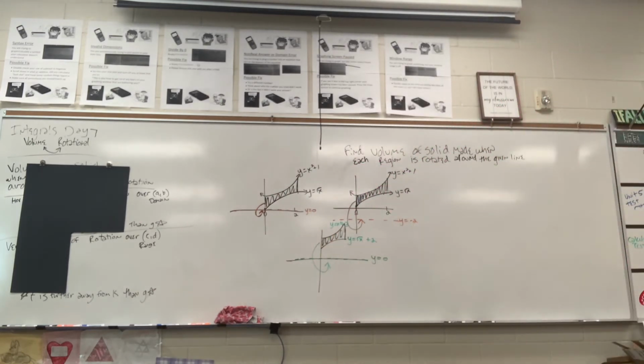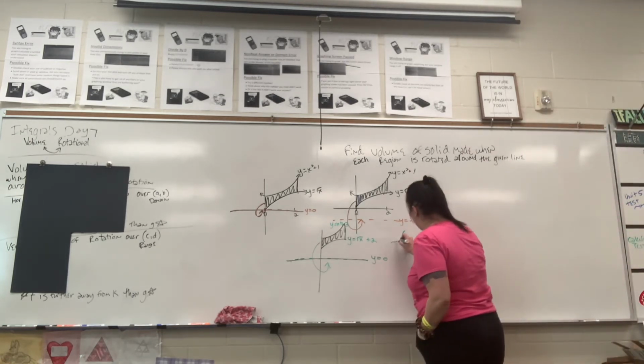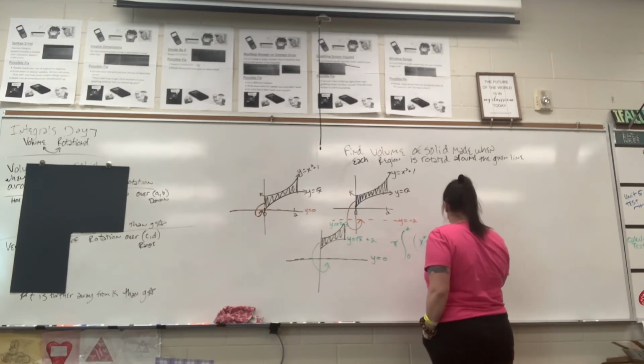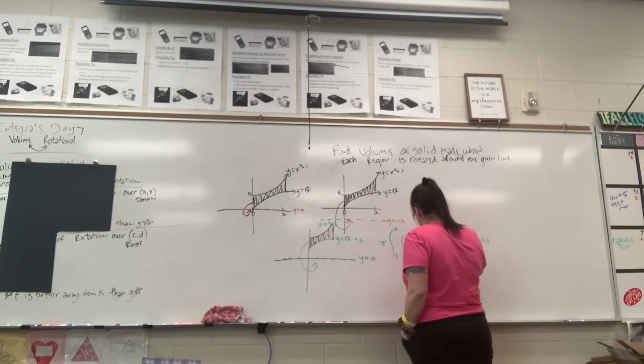In fact, I just had to do multiple examples of that, right? So now I know I could take this and go my integral pi 0 to 2 of x squared plus 3 squared minus square root of x plus 2 squared dx, right? I'm going to write this one a little different just because I want to.